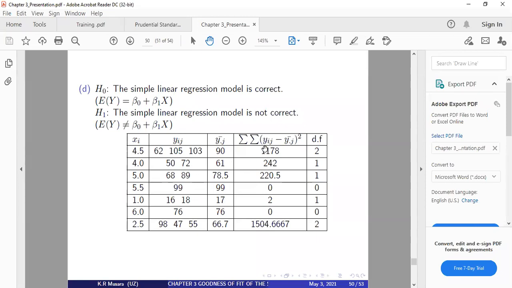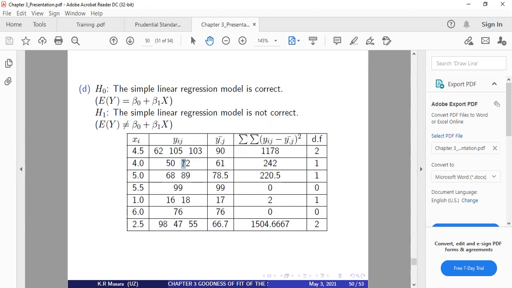So the idea of doing this is for us to calculate SS pure error. These are replicates that you have for 4.5. These are replicates that you have for 4.0 under Y. Then for 5.0, 5.5, 1.0, 6.0, 2.5. Then we get the mean of the replicated observations of Y. So you say 62 plus 105 plus 103 divided by 3, you get 90.